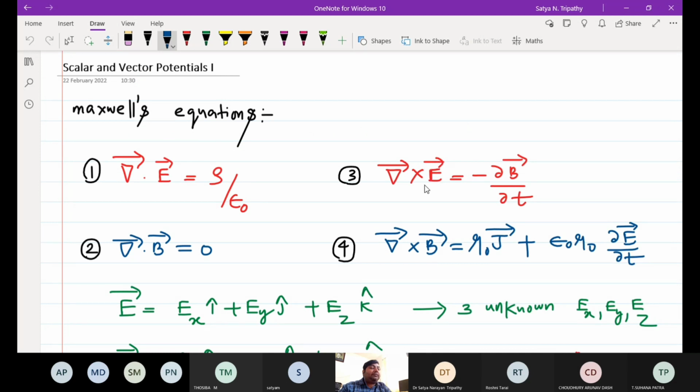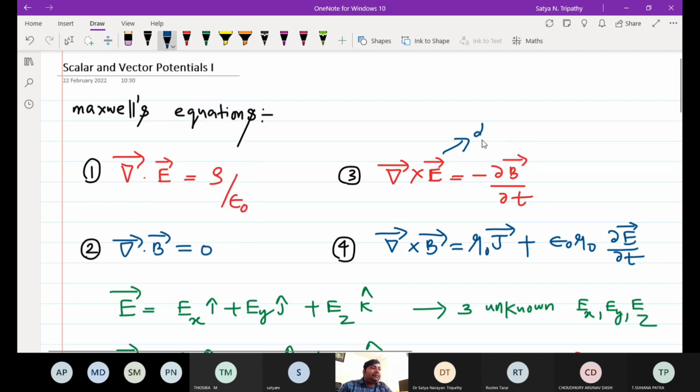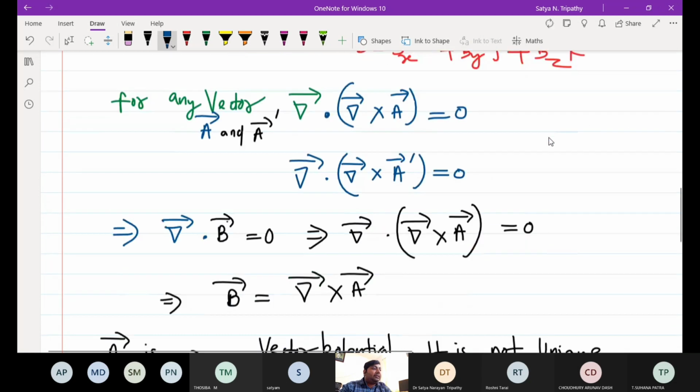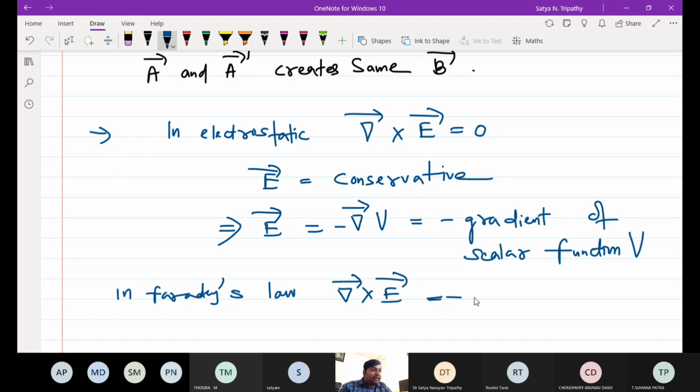But this E in Maxwell's equations is not conservative anymore because it is an electrodynamic field. It is a dynamic field, because it can change. That's why del cross E is not zero. In Faraday's law, del cross E is minus dB by dt.